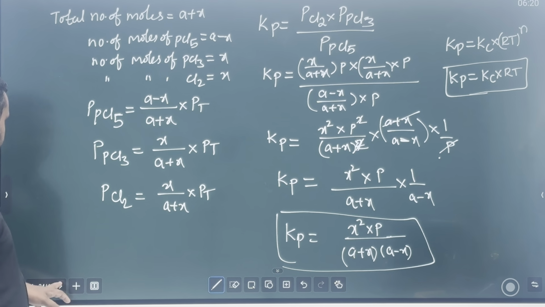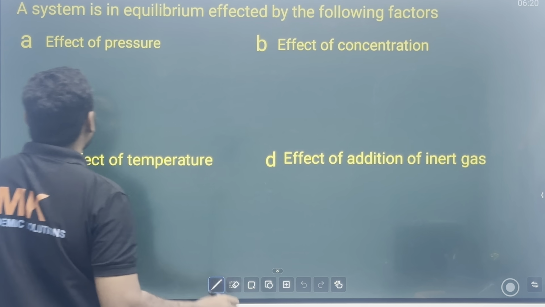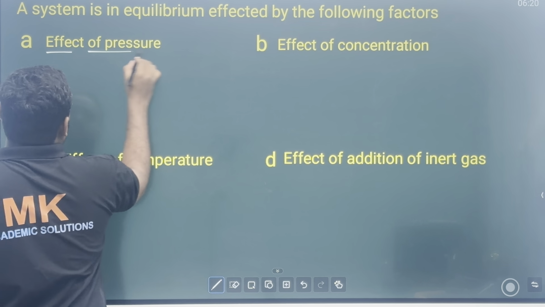Next, a system at equilibrium is affected by the following factors. See here, the effect of pressure.